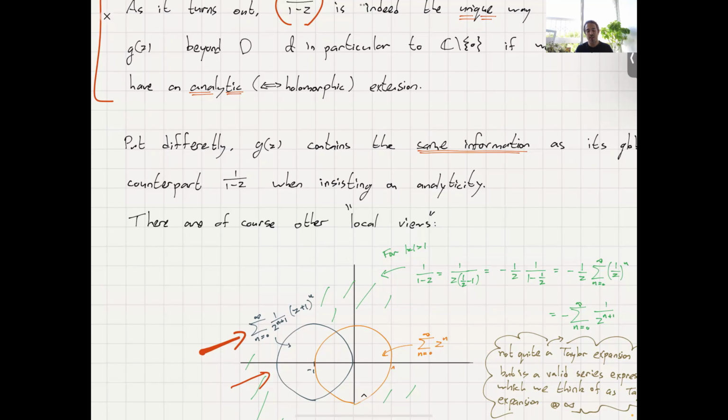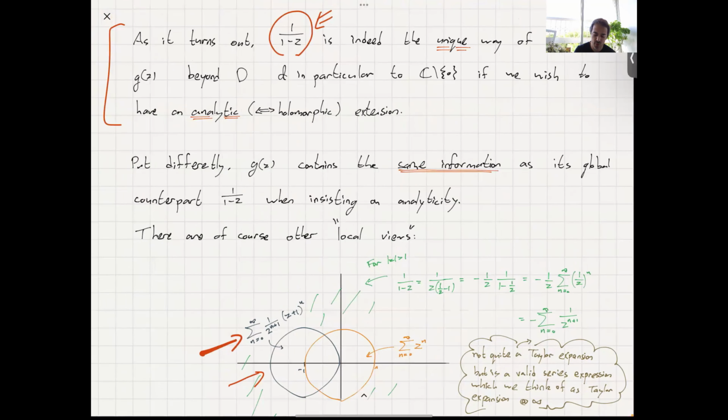Now if I had asked you to evaluate this function at 2, it might have been harder to figure out that 1 divided by 1 minus z is what's hidden, the global analytic function of which I get a local view, namely the Taylor expansion around -1. So sometimes it's hard to go from the local view to the global view, but if there is a way, it's going to be unique if you insist on analytic functions.